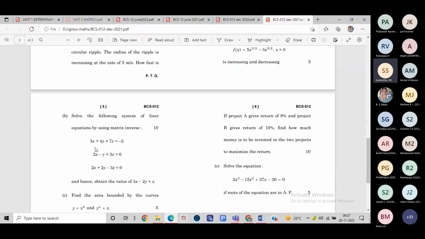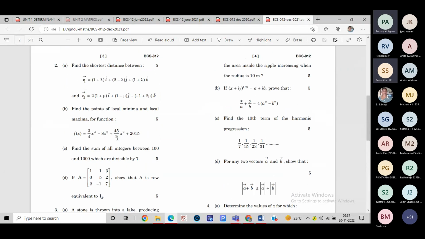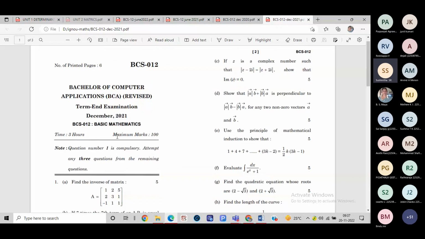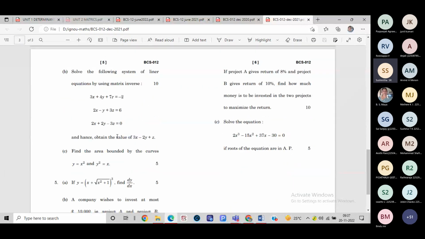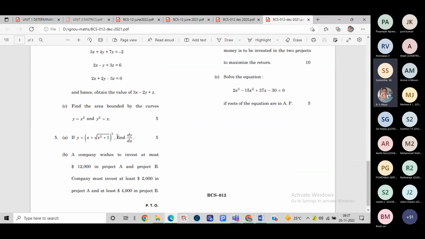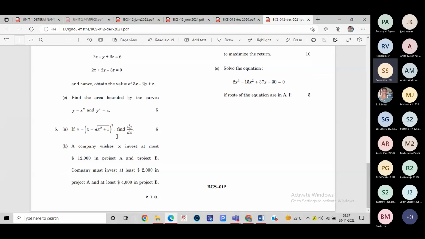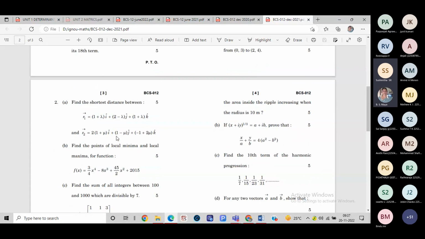See, 3x plus 4y minus... 2x minus y plus 3z is equal to 6 and 2x plus 2y is equal to 6. Anything is okay, you can do it. Shall we go for the next type? You are comfortable with all those things, right? Okay, thank you.